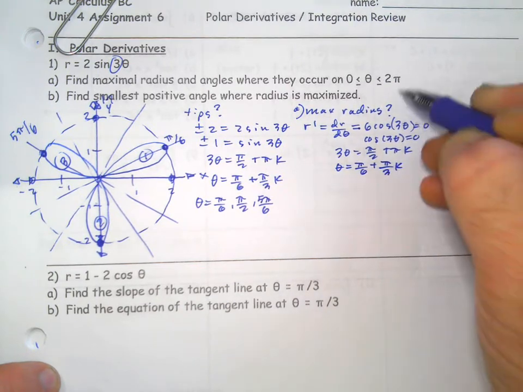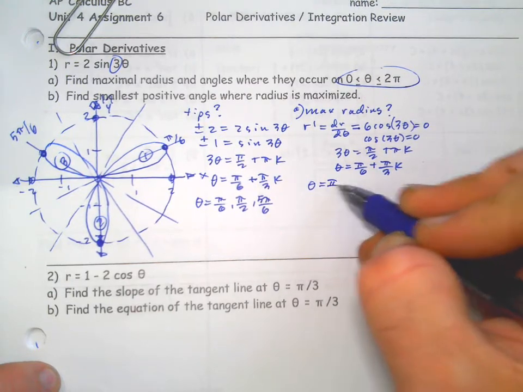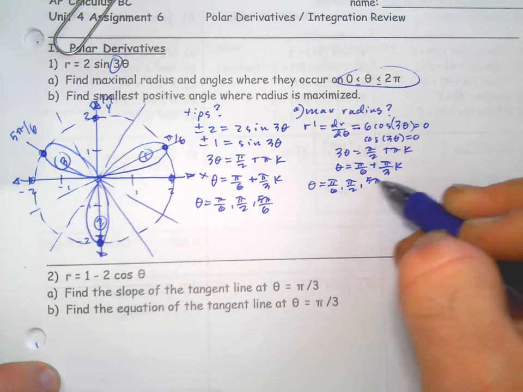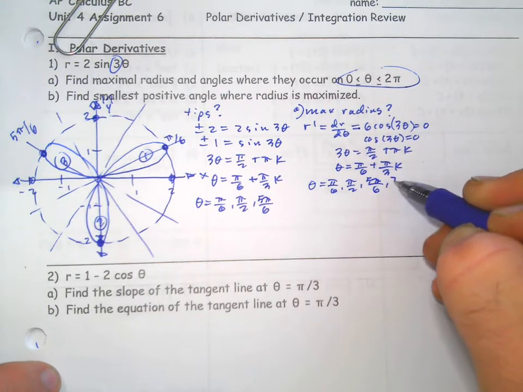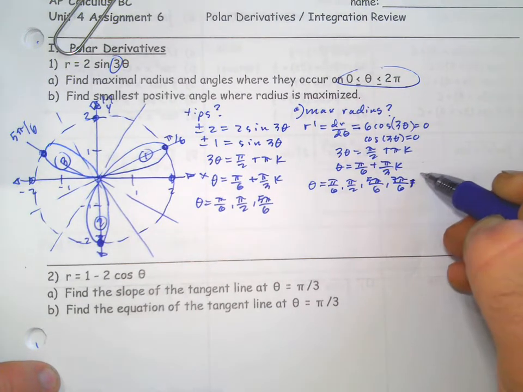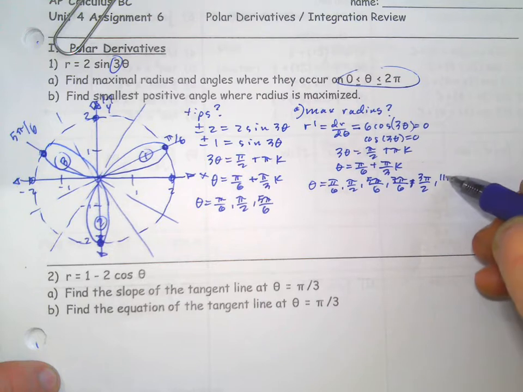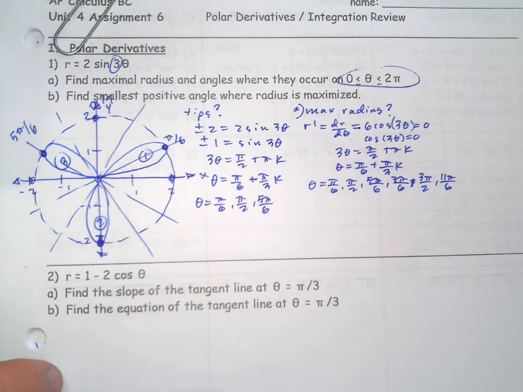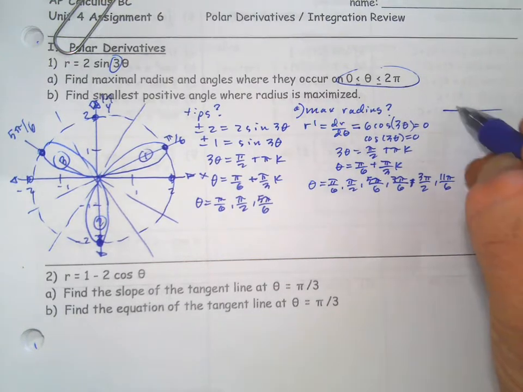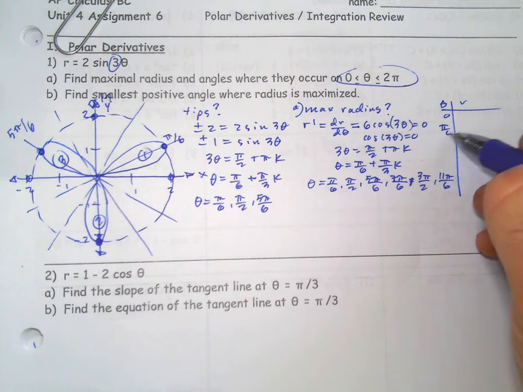And we're looking for all the values between 0 and 2 pi. So that's going to be pi over 6, pi over 2, 5 pi over 6, 7 pi over 6, 9 pi over 6, which we could say is 3 pi over 2, and 11 pi over 6. Those are your critical points. So then we could make a table with the endpoints, critical points.